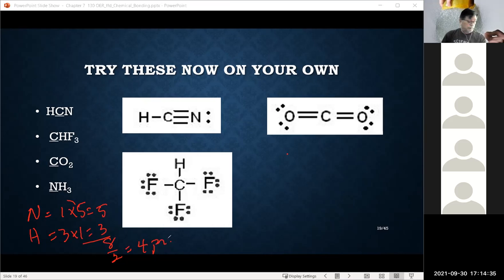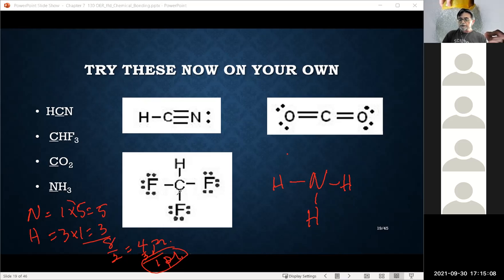Okay, 4 pair. Nitrogen is the central atom, so we can place nitrogen there. And there's 3 hydrogens bonded to the central atom, so we can very quickly draw a line. Okay, and that takes care of 3 of the 4 pair that we have. We got 1 pair. And as we talked about, hydrogens are happy. We can't add any more to the hydrogens because they're divided.